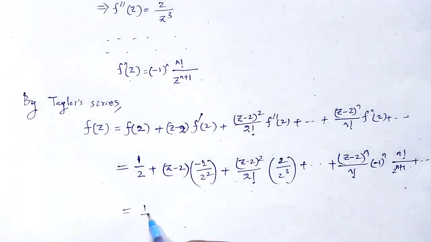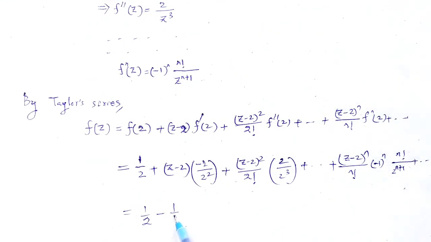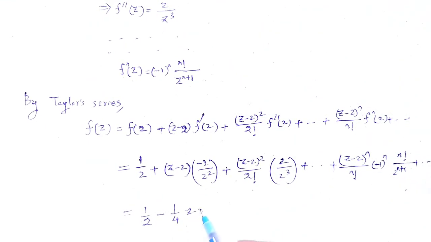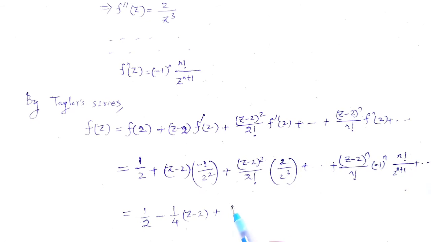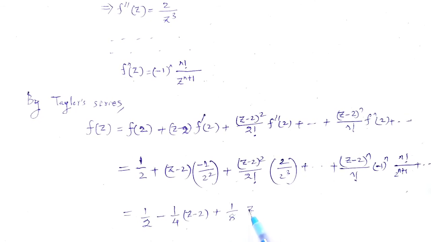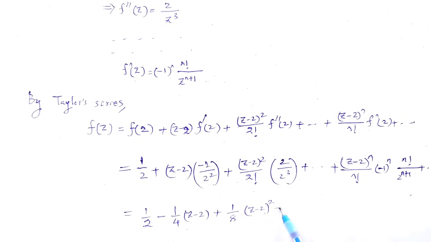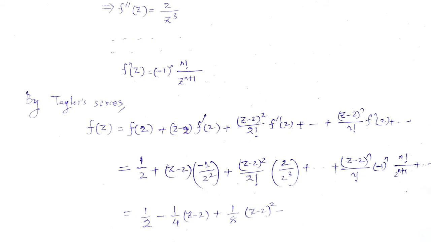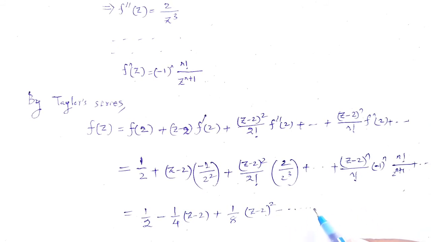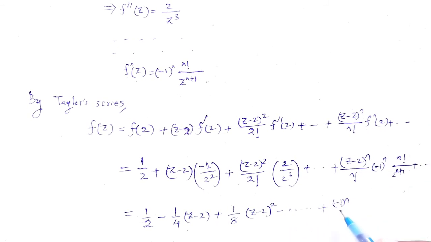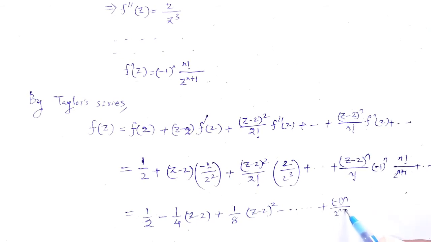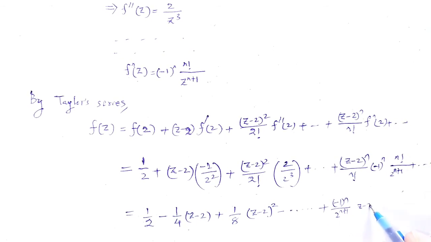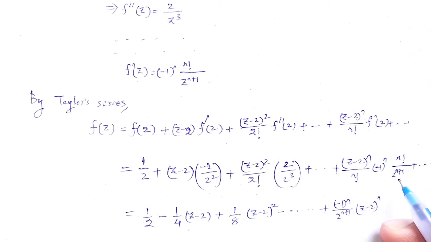It is solved as 1 by 2 minus 1 by 4 z minus 2 plus 1 by 8 z minus 2 square minus dot dot dot plus minus 1 to the power n divided by 2 to the power n plus 1 z minus 2 to the power n.